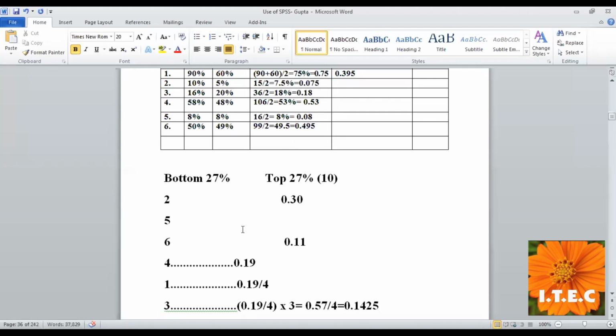Now, when you are coming down, the values are decreasing. So this value will be 0.30 minus 0.1425. So you have to subtract, and that becomes the value.